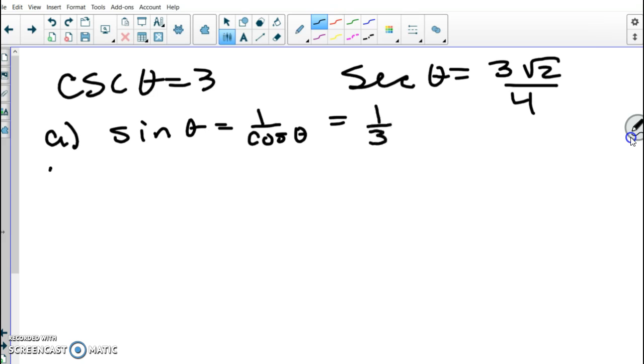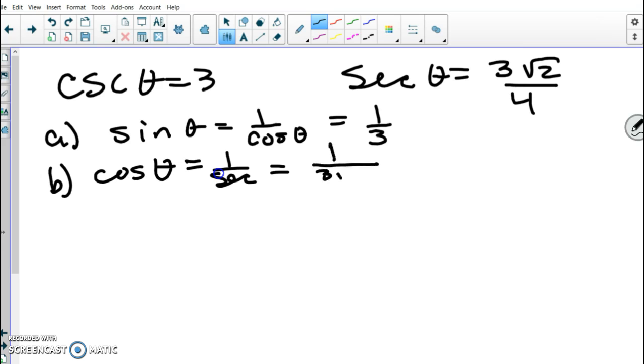Part B is the cosine. We know the cosine is defined as 1 over the secant, and we're given the secant of theta, so 1 over 3 roots of 2 all over 4. That's getting pretty small.